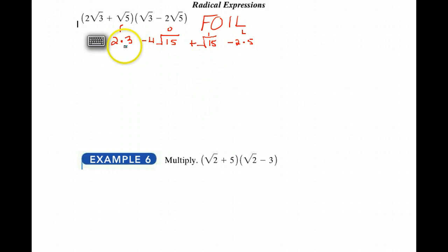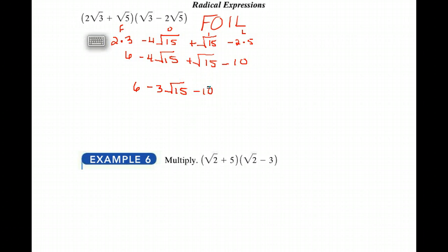From here, I'm going to simplify what I got for my firsts. That should give me a 6 minus 4 square root 15 plus square root 15 minus 10. And now I want to combine like terms with my square root 15s. So negative 4 plus 1 is going to give me negative 3 square root 15.